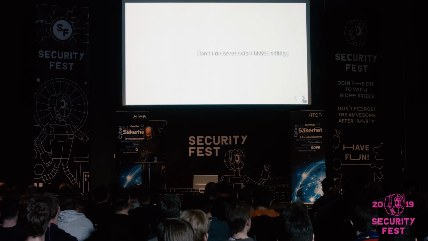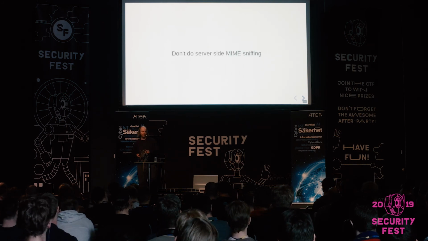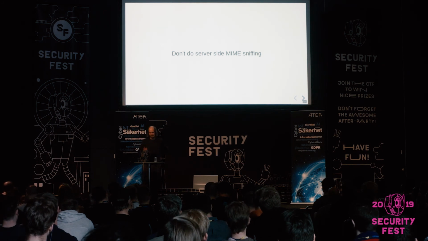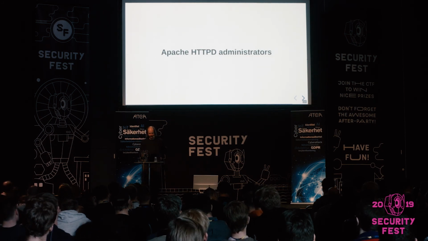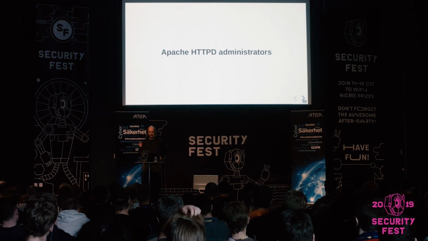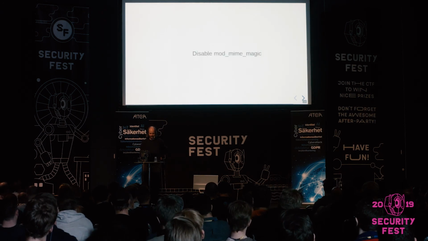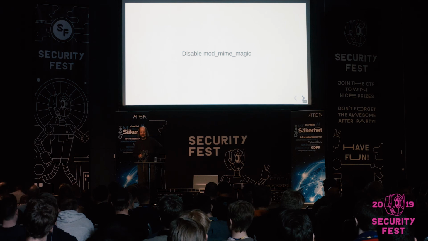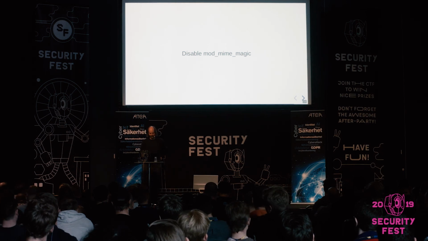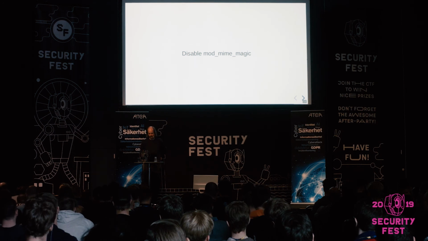Web servers, please don't do server-side MIME sniffing. It just creates problems. If you run an Apache web server, please disable mod_mime_magic. I don't think it serves any useful purpose. It will also slow down your system.